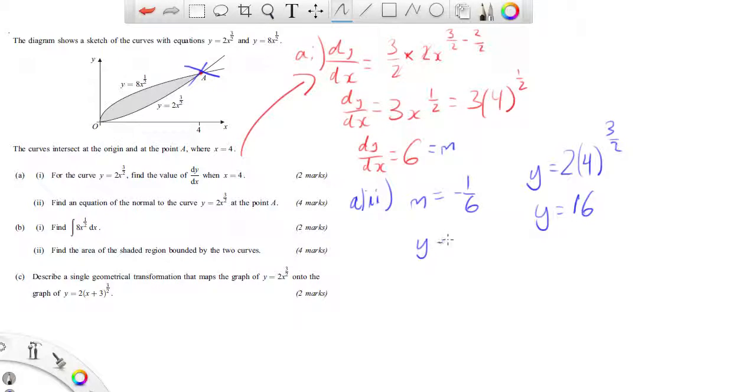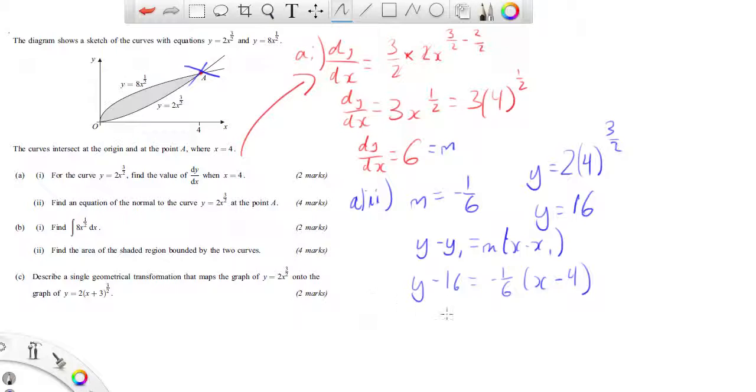So using one of my favorite formulas for a line, y minus y1 equals m brackets x minus x1, we replace the y1 and x1 with points. So y minus 16 is equal to the gradient, negative 1/6, times x minus 4. And actually looking at the mark scheme and looking at the question, they don't specify what type of equation they want it in.